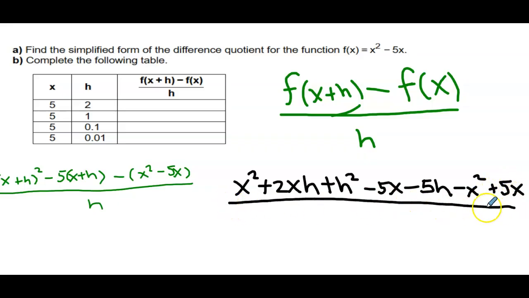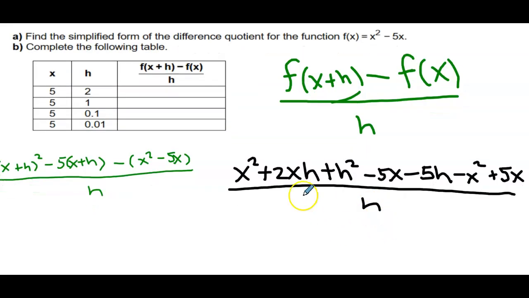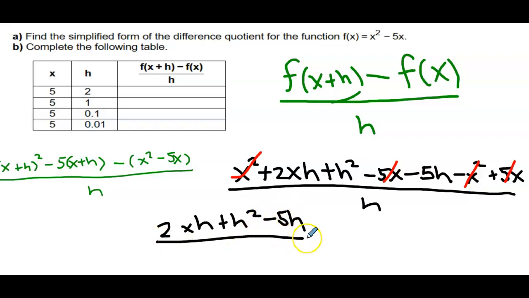It's all over h. So now we can cancel out: x squared is going to cancel with negative x squared, and negative 5x will cancel with 5x. That leaves us with 2xh plus h squared minus 5h over h.